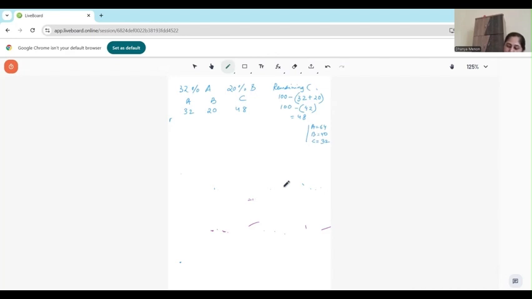Okay, this information is given to you. Now for that we need to find out the number of moles. Moles is how? 32 over 64, right? Mass over molar mass. 20 over 40, 48 over 32.